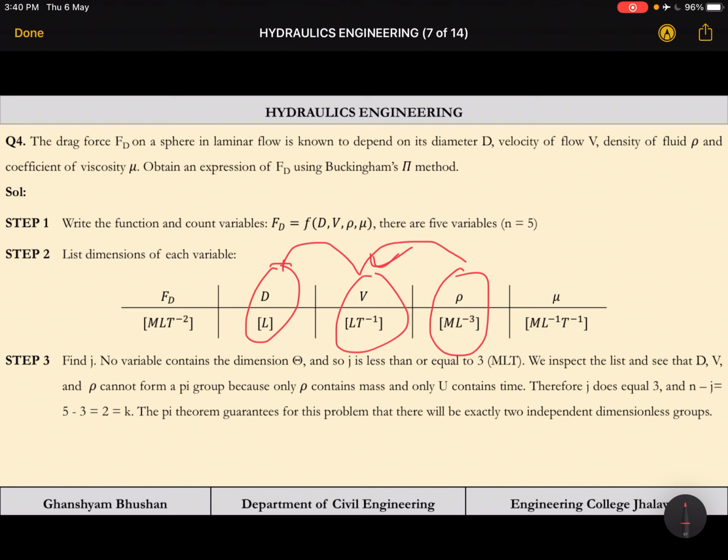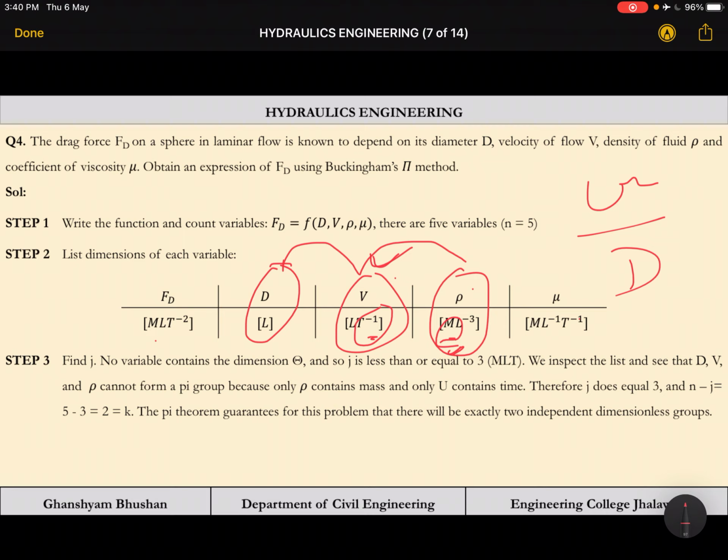Anything I apply, any power, any experiment I do with d, v, rho, will not make a dimensionless group because T is always there. So v square by d, the T term will always be there. Similarly, in rho, mu, or m, there is a mass. So whatever I do with rho, v, d, this mass term will remain, so pi will not form.